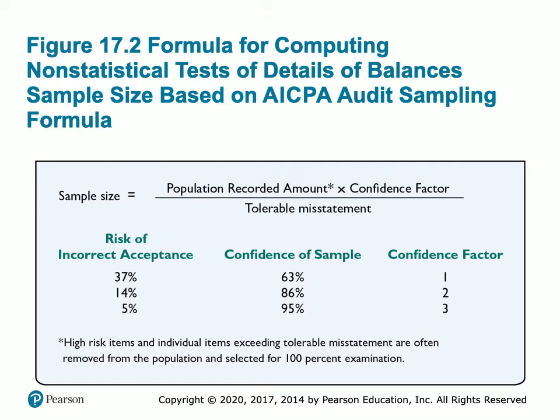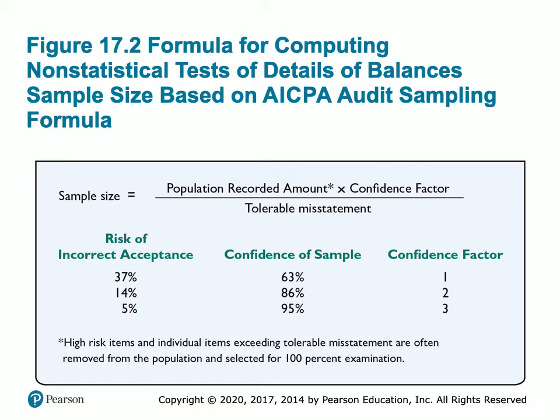What you're going to do in calculating your sample size is really figure out what your acceptable risk level is, what your other audit procedures are, how much evidence they give you, how much control risk is helping you reduce your substantive procedures, and then you're going to calculate your sample size.